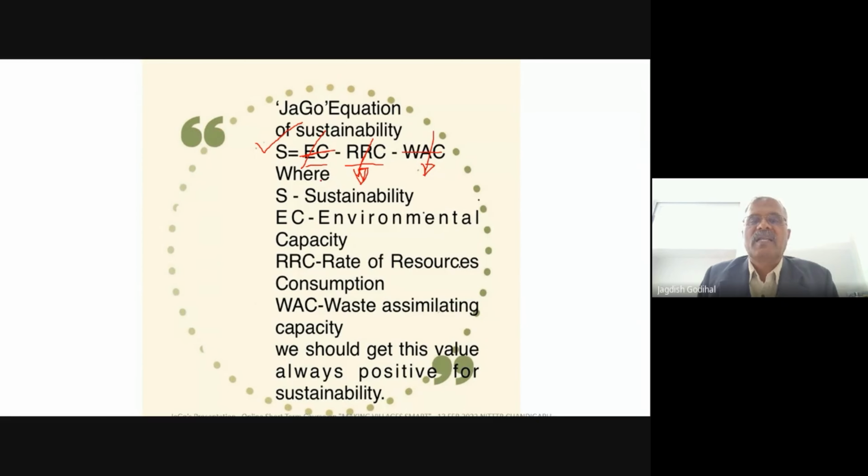If you want to keep this sustainability equal to 1, then it should always be positive and should not go negative. That means resource consumption and waste discharge must be within the capacity of the environment. Then ultimately you are going to achieve sustainability.